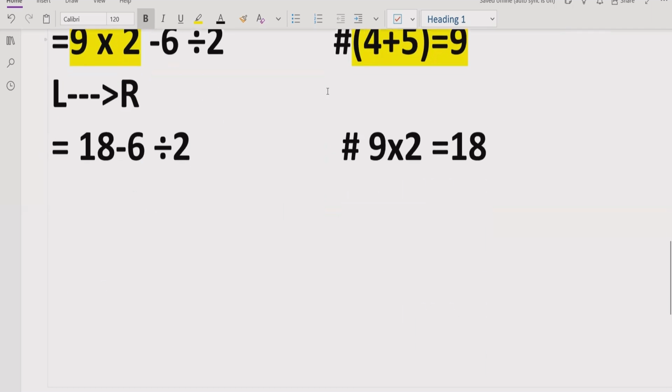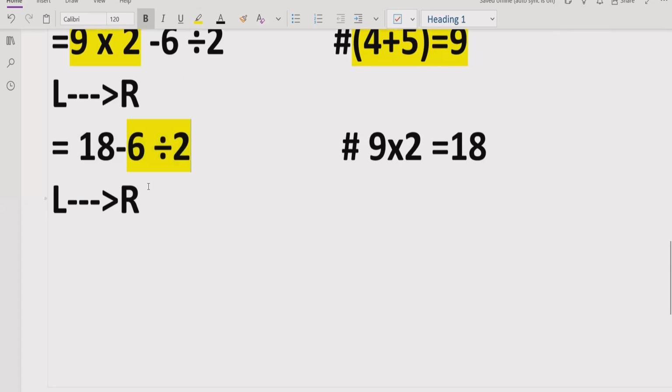Now, moving forward left to right, we have 18 minus 6, and 6 divided by 2. If you go left to right, you might say I will solve 18 minus 6. No. Using the PEMDAS and BODMAS method, you have to solve the division and multiplication first. If your expression has any multiplication or division sign, you solve that part first.